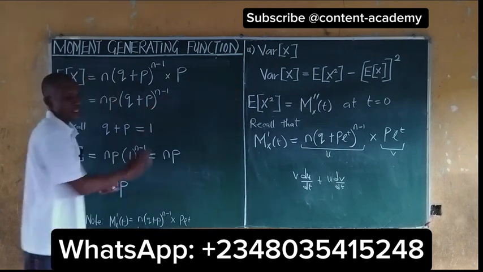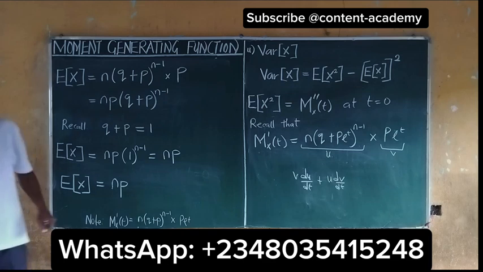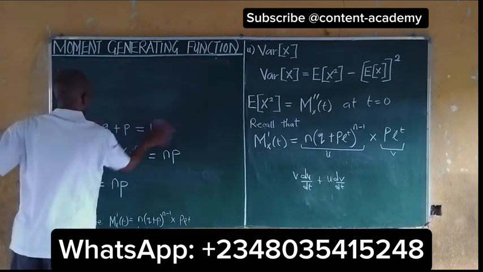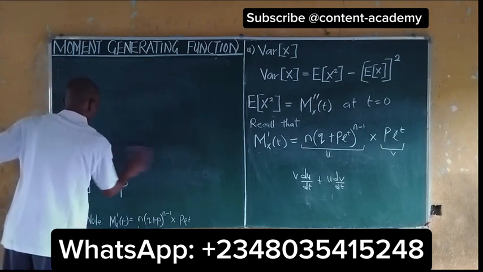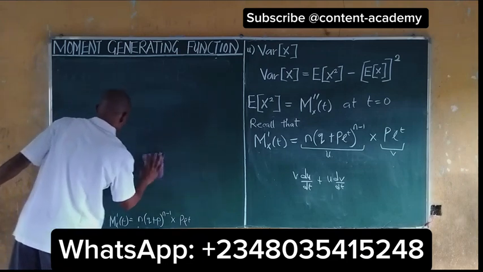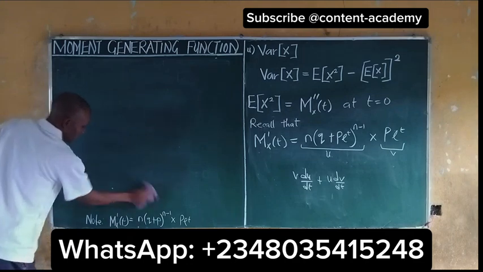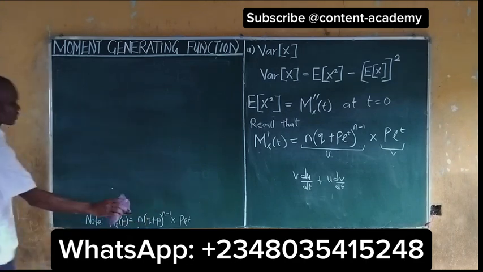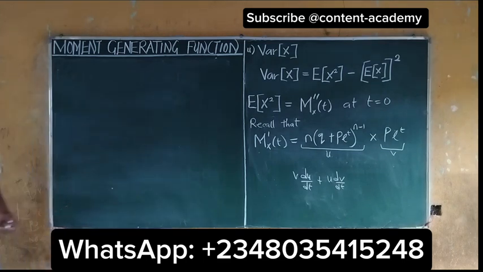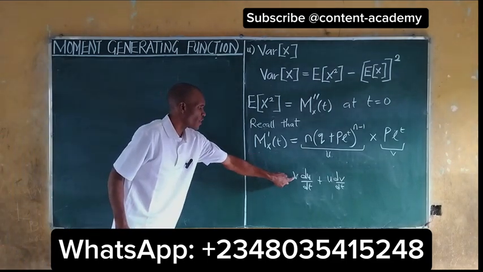We should know that our expected value of x is MP. Now, how do we differentiate it? We have v here.